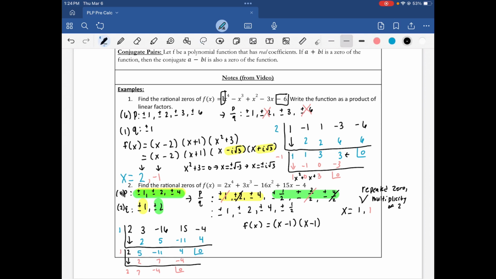Okay, so then what we have left here, we've got 2x squared plus 7x minus 4. Now we could keep trying to break this down into nice factors, but once we get to a quadratic, we can use our lovely bottoms up method, and we can take 2 times negative 4, so we need two numbers that multiply to negative 8 and add to 7.